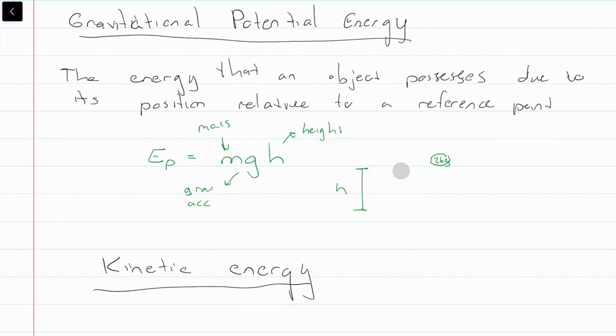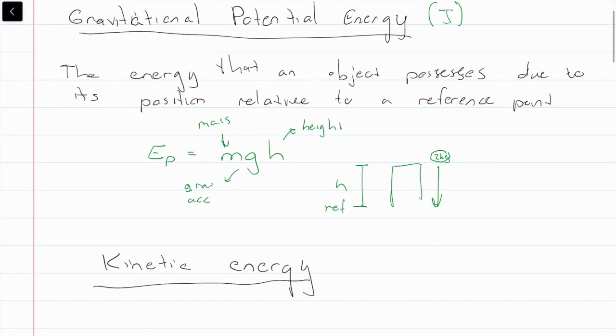If I move this table, then the mass will fall, so obviously it has to have some energy that it's storing. That energy is due to its height above the reference point. Let's say the bottom is our reference point. And with energy, we have units of joules, as per usual.